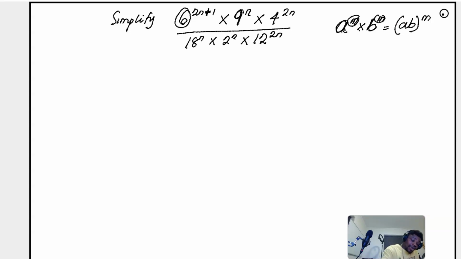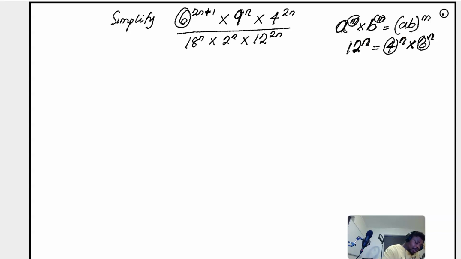So all I'm trying to tell you here is that I can tell you that 12 raised power n is equal to 4 raised power n times 3 raised power n. Why? Because the powers are the same and the bases are different. So you say 4 times 3, that is 12, and you maintain the power.